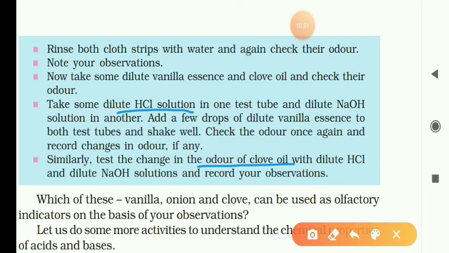Olfactory indicator examples are vanilla essence, clove oil and onions. These are all olfactory indicators, and also natural indicators. So, dear students, understand the activities, read all of this, and practice at home.